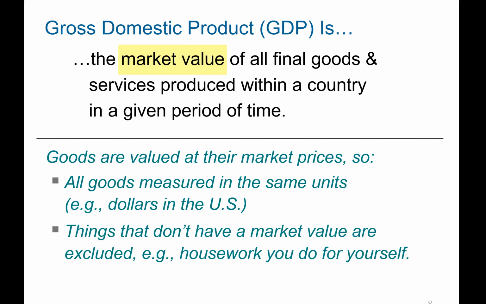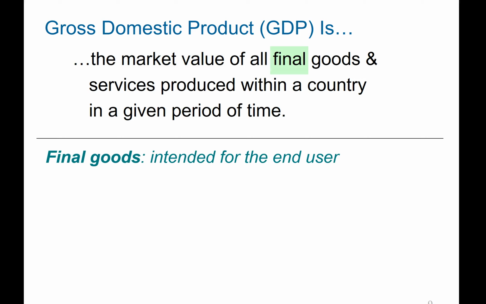And that's an important thing to understand because we don't evaluate them based on subjective prices. We use the objective measure of the market price. So things that don't have a market value are going to be excluded. Things like housework that you do for yourself, meals that you prepare for your family. Even though they have value to you, that's a subjective value. So only things that can be objectively valued and denominated in dollars are going to be counted in GDP.